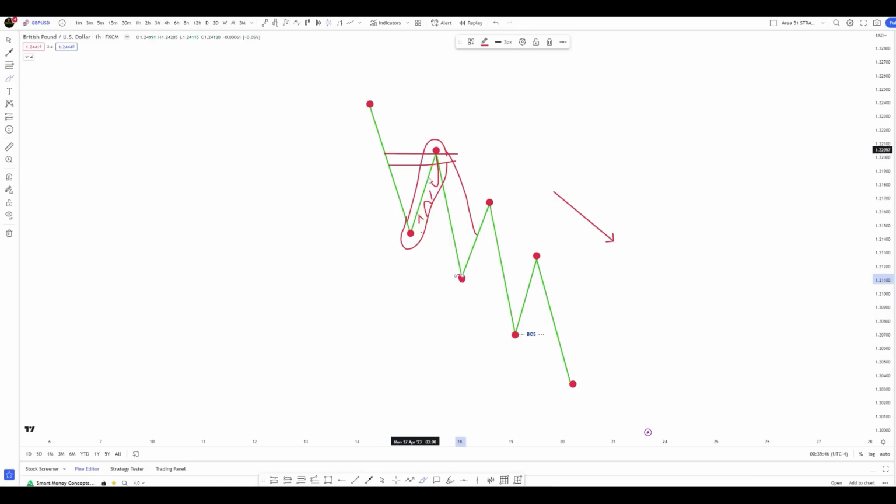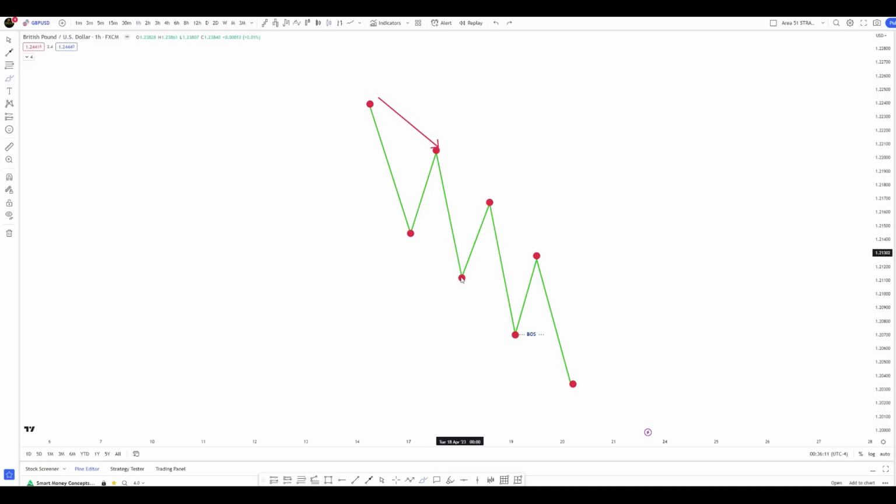But you have to know, as long as you know where the 1 hour supply zone is, you can scalp this on the 15-minute time frame to the 5-minute or the 1 minute time frame. Okay, as long as you know what the 1 hour is doing. And then let's say again here, this is a downtrend, right?